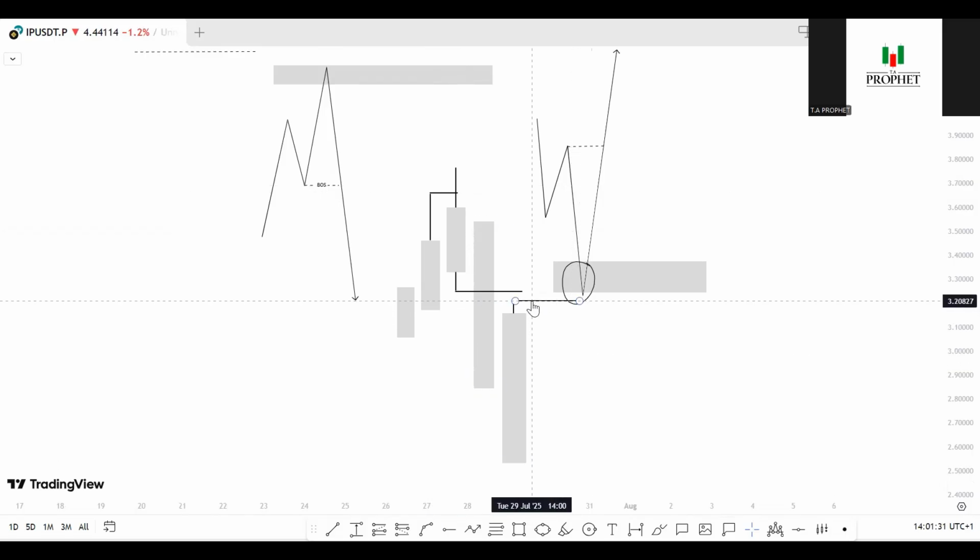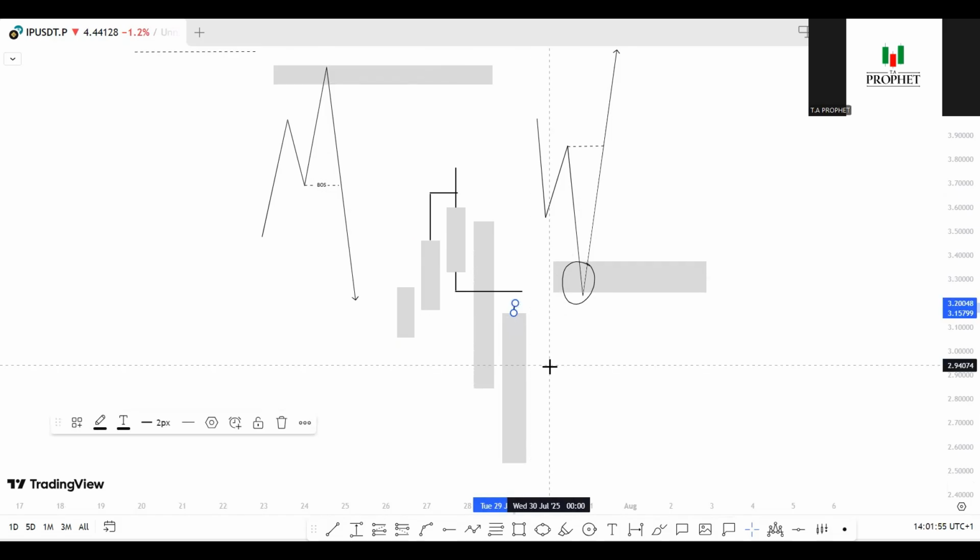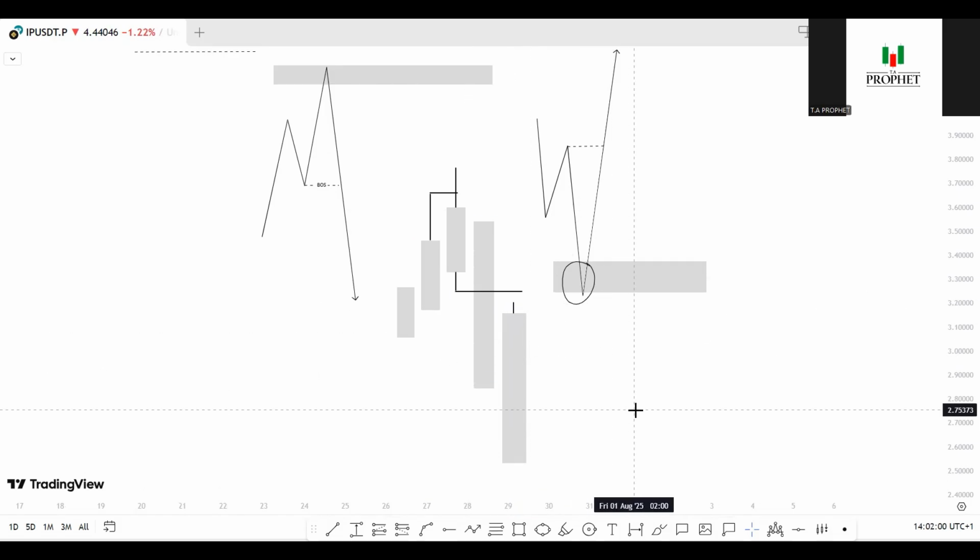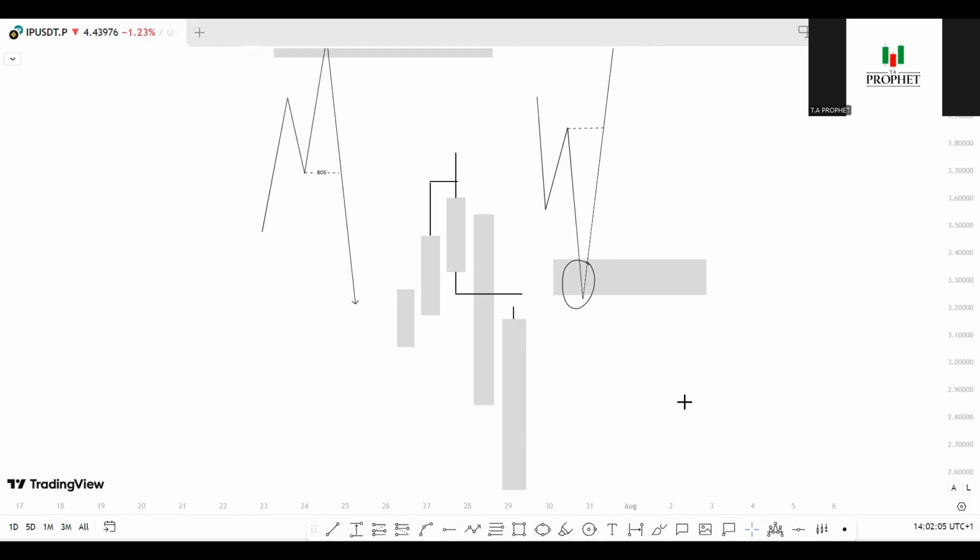If this candle mitigated this whole candle, like this order block low, then there's no imbalance here. There must be a space between the high of this third candle and the low of the order block candle.